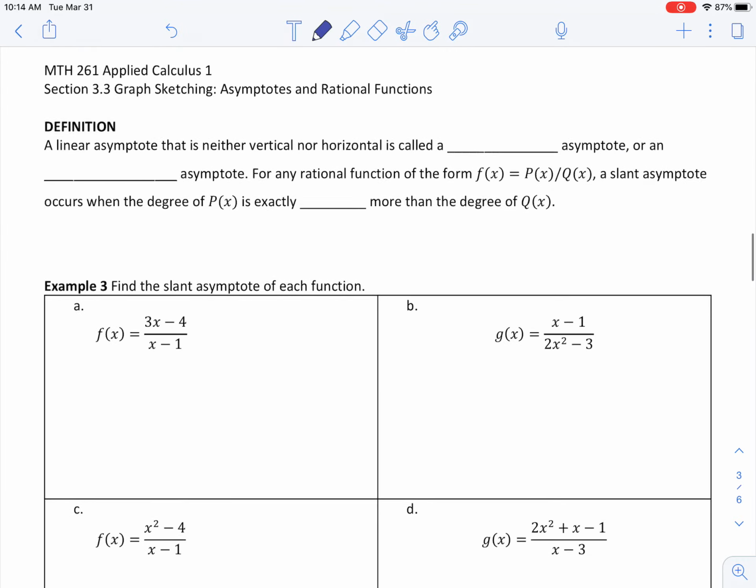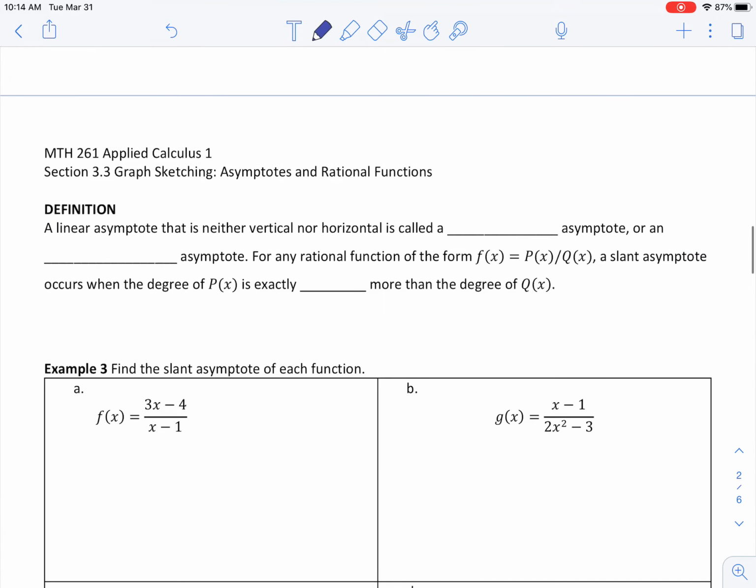Let's try the very last asymptote, called the slant asymptote, and that will be it for this video. I'll come back and do examples 4, 5, and 6 in another video. A definition: a linear asymptote, a straight line, a diagonal asymptote, that is neither vertical nor horizontal is called a slant asymptote, or sometimes an oblique asymptote.